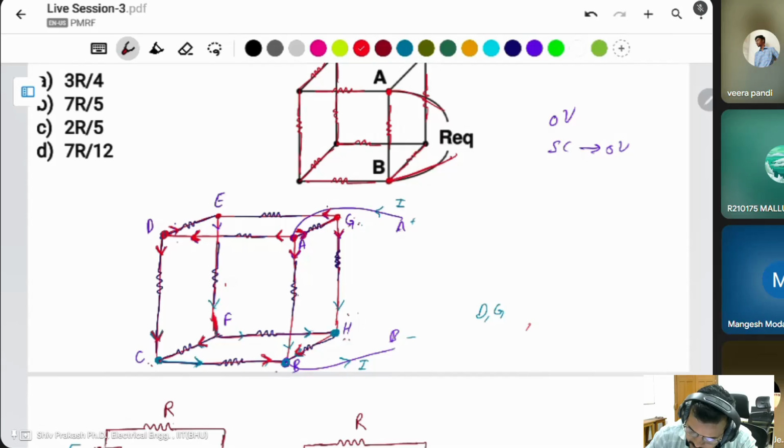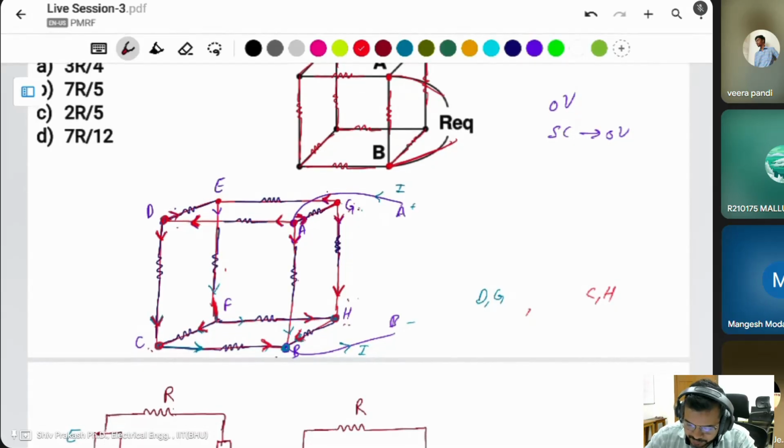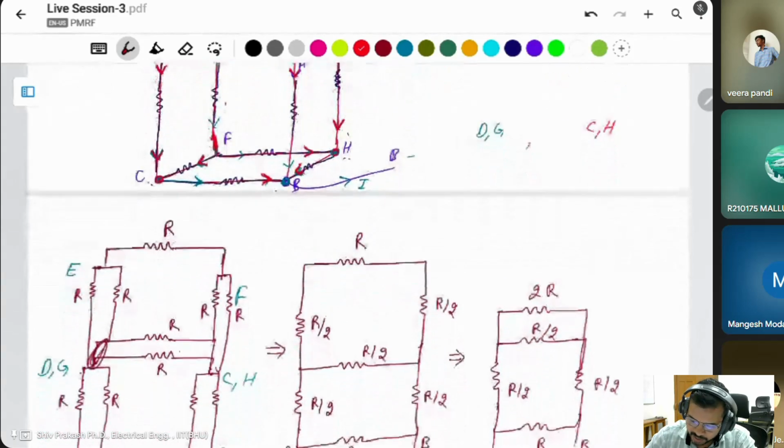Same thing, current is coming in two parts here. That's why the negative terminals C and H have the same voltage. That's why I have an equipotential. Equipotential means both are the same point. There is no voltage difference between them. That's why D, G and C, H I have as the same point.